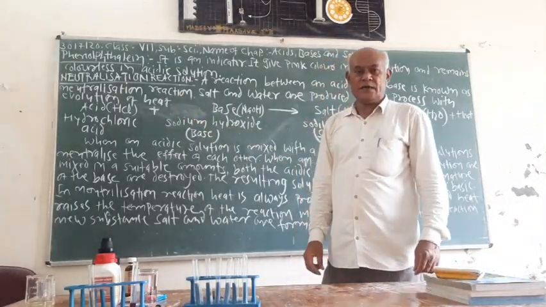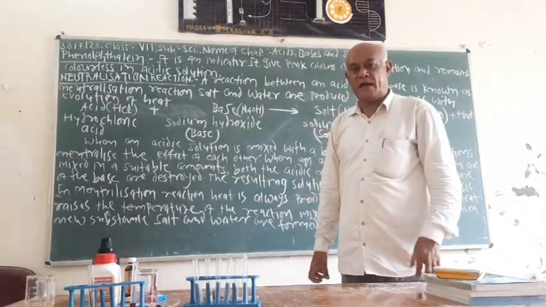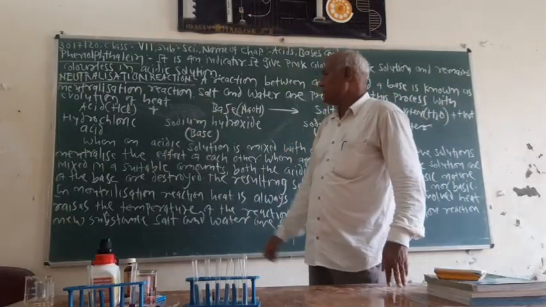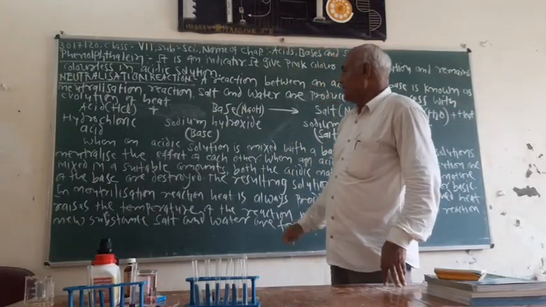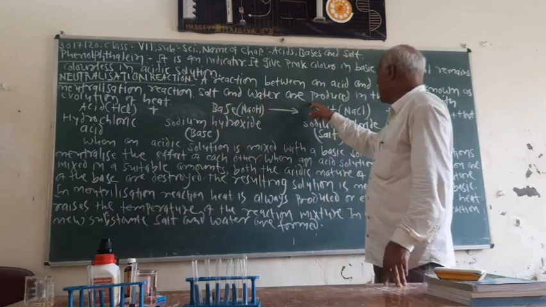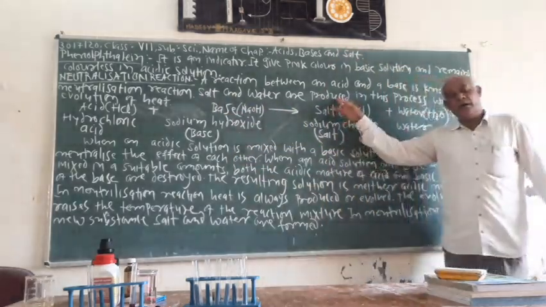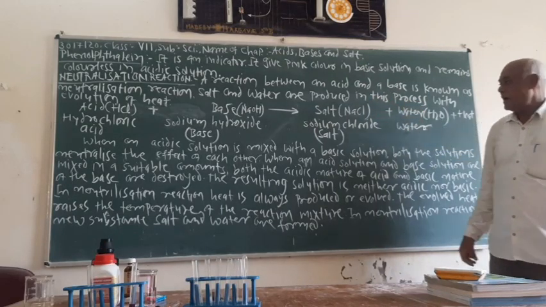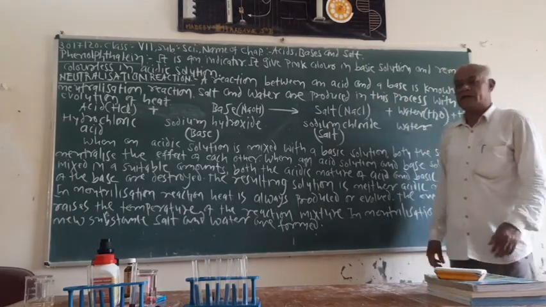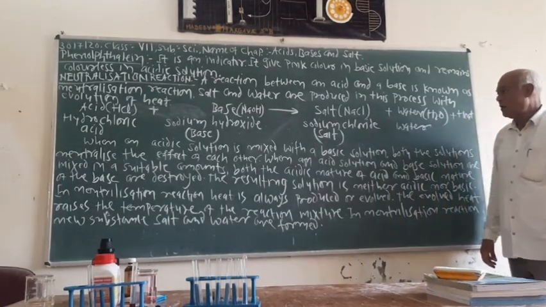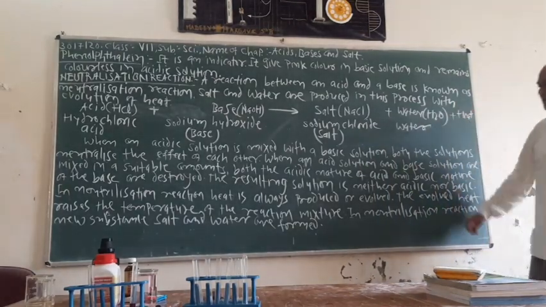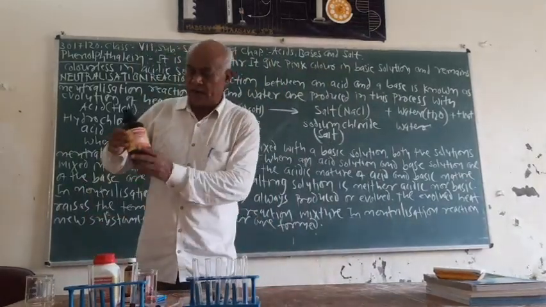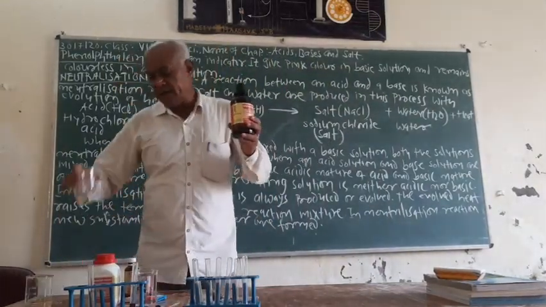In the neutralization reaction, salt and water are produced, and lots of heat is also evolved during this reaction. You see that we have hydrochloric acid, which is an acid.